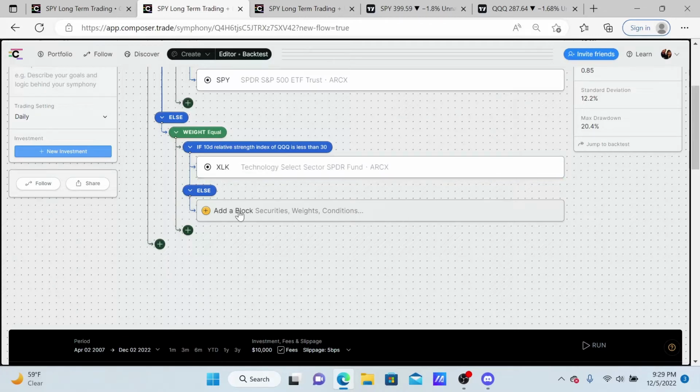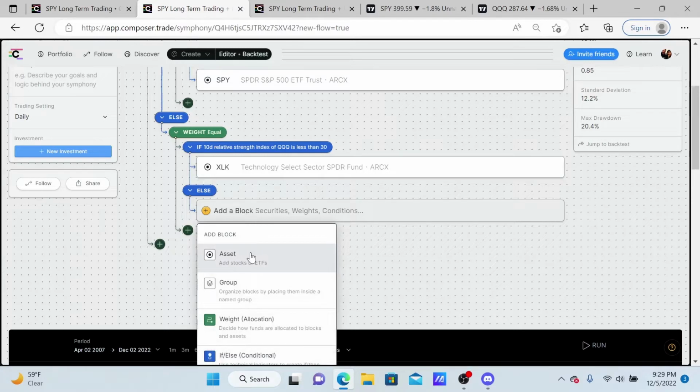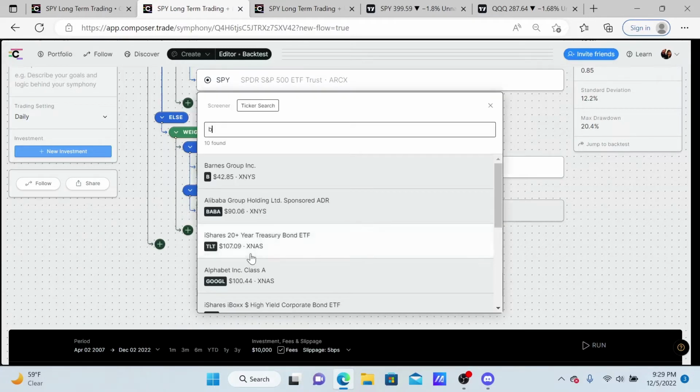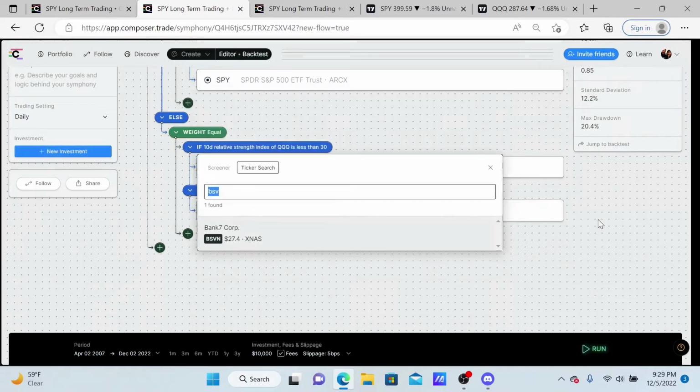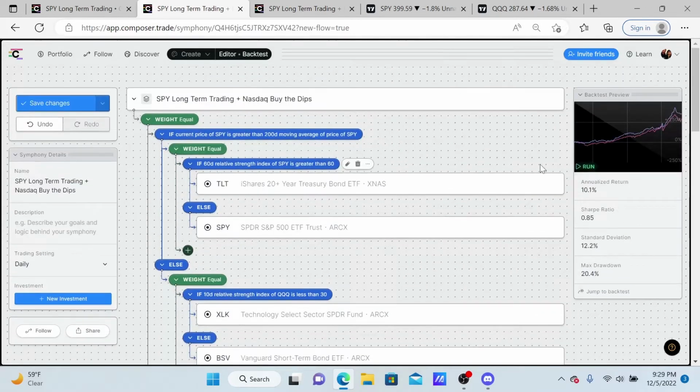Tech usually has the biggest mean reversions, so that's why I like to use it. But again, you could use something else if you wanted to. And then if it's not below 30, you're simply just going to stay in bonds. And then I'm going to run the back test.